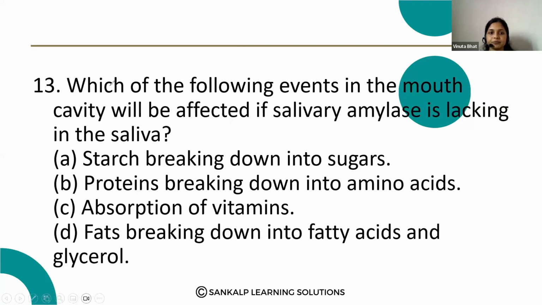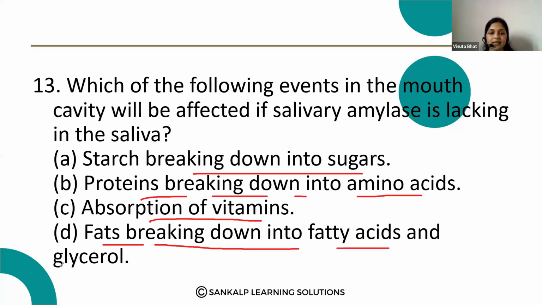Next question. Which of the following events in the mouth cavity will be affected if salivary amylase is lacking in the saliva? If the salivary amylase enzyme is not present inside saliva, then what happens? Starch breaking down into sugars, proteins breaking down into amino acids, absorption of vitamins, fats breaking down into fatty acids and glycerol.